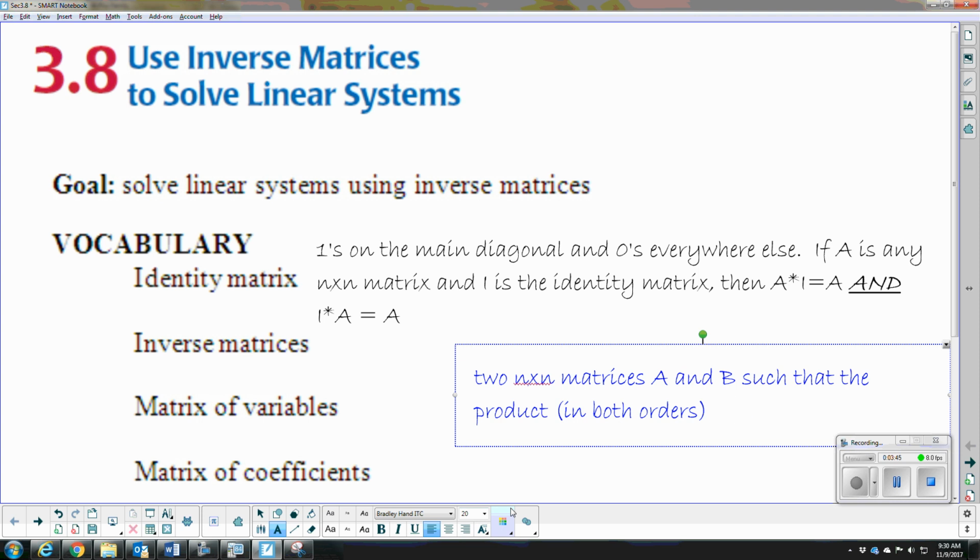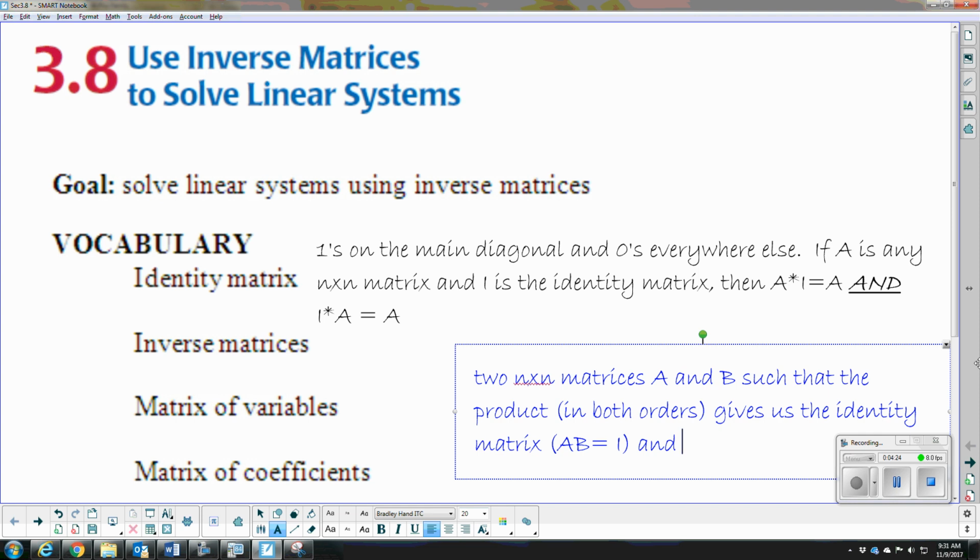The product in both orders is the identity matrix: A times B equals I, and B times A equals I.